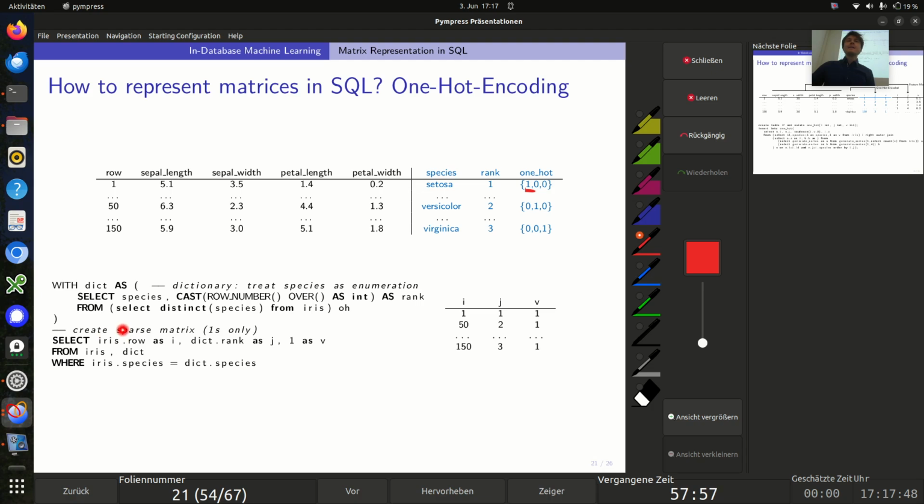I'm using the original row number here, and I'm using the rank I created here as the second dimension. So I have my original row number as the first attribute, and the rank as the second attribute. And what I do at the end, I have a lot of 1s here, and that is my one-hot encoding.